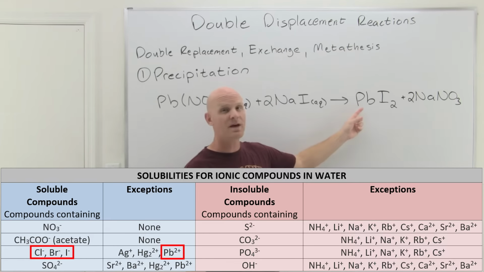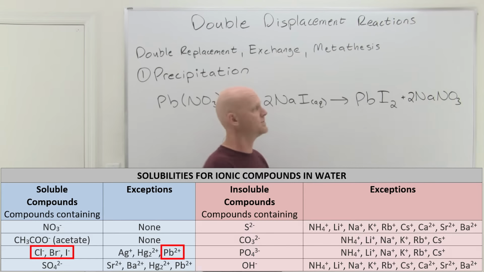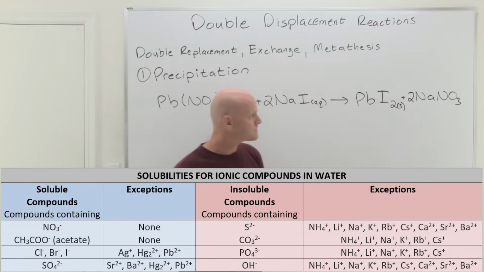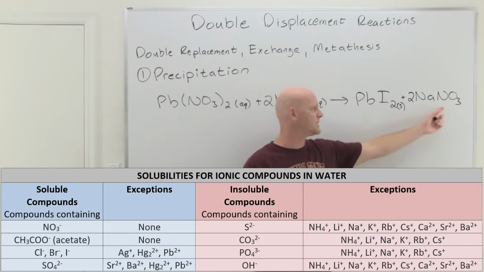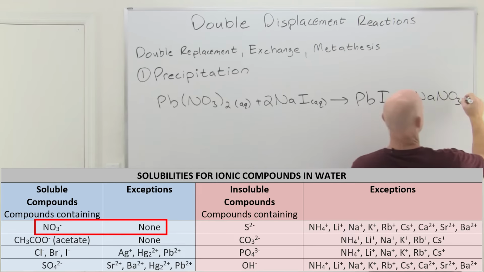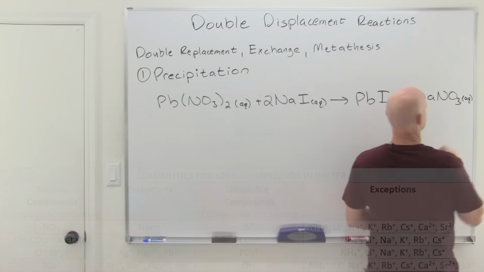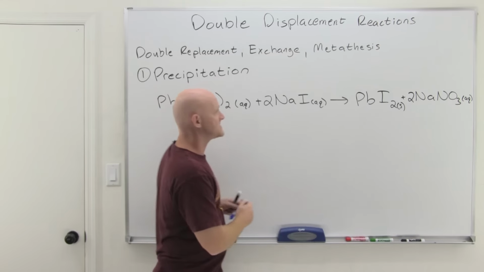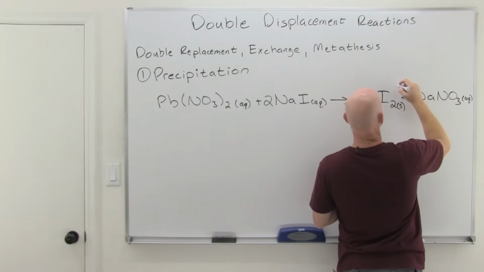So because this is an exception to being soluble, it's insoluble, and insoluble compounds are in the solid phase. All right, then for sodium nitrate, we learned that all nitrates are soluble, period, no exceptions. And so for soluble compounds, we'll write aqueous. All right, so we often refer to this as our molecular equation.